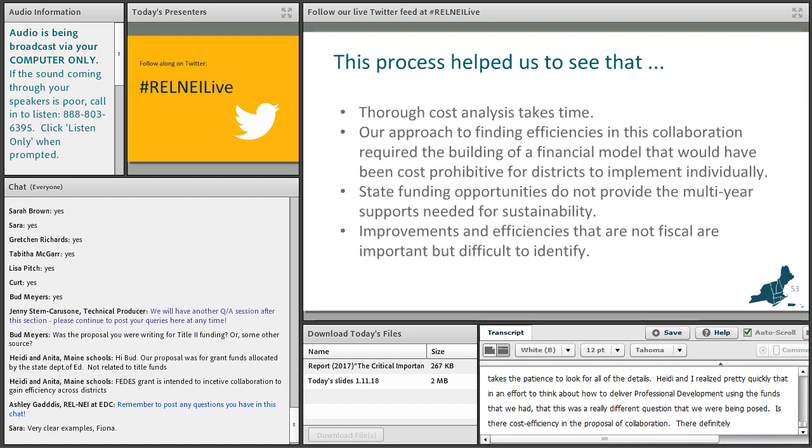There definitely is. It's contingent upon having common goals, and we are hopeful that this will come to pass and that we'll find additional places to have common goals to be able to increase efficiencies with or without state funding available to us. The funding opportunities didn't provide us with multi-year opportunities to increase sustainability.